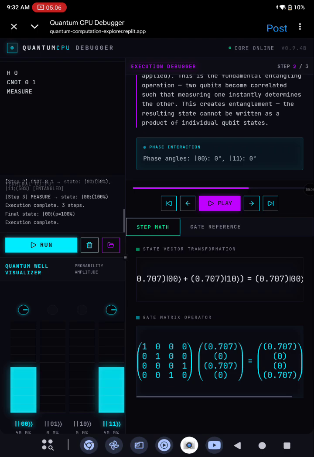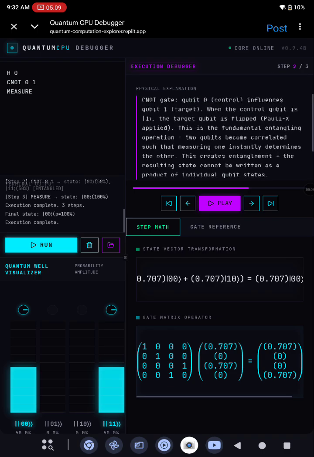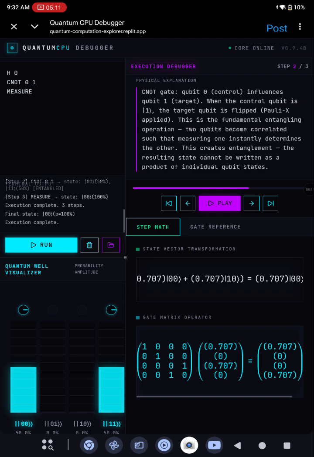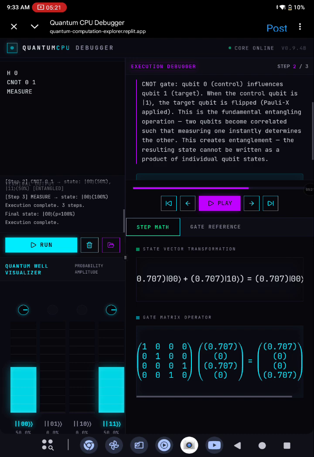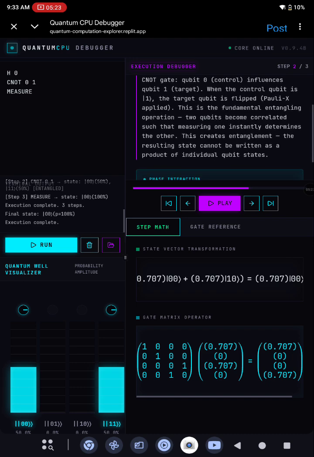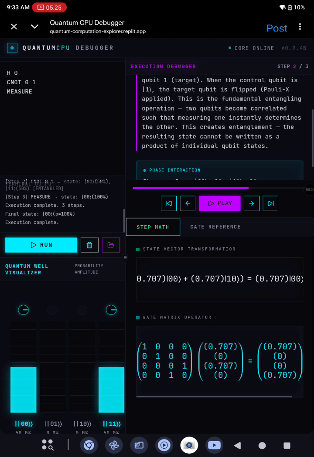Now, look at the execution debugger at the top. The CX gate, the second instruction in the quantum CPU debugger. CX gate qubit 0 control influences qubit 1 target. When the control qubit is state 1, the target qubit is flipped as a Pauli X applied.